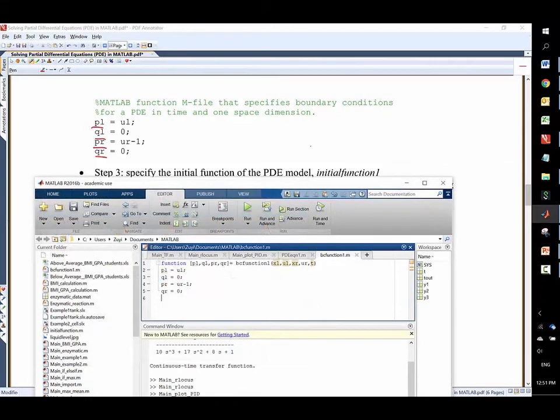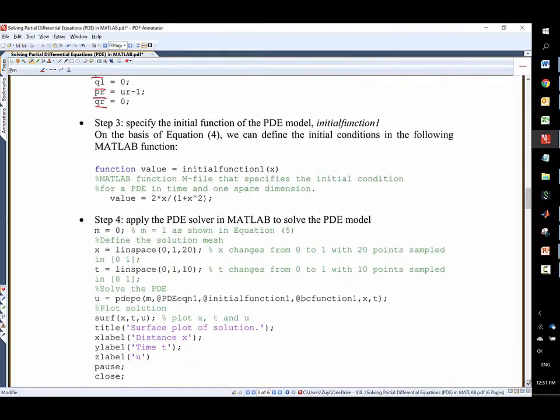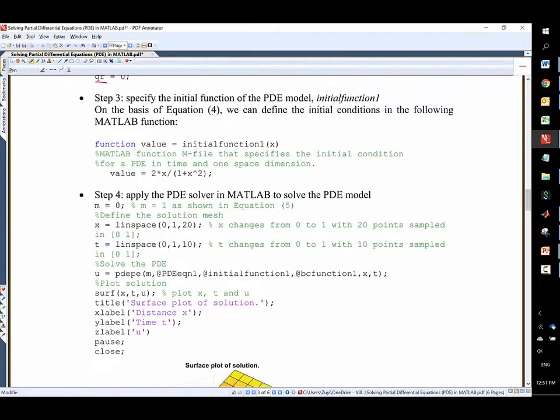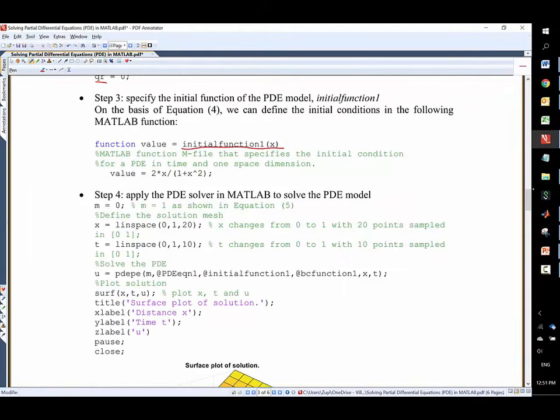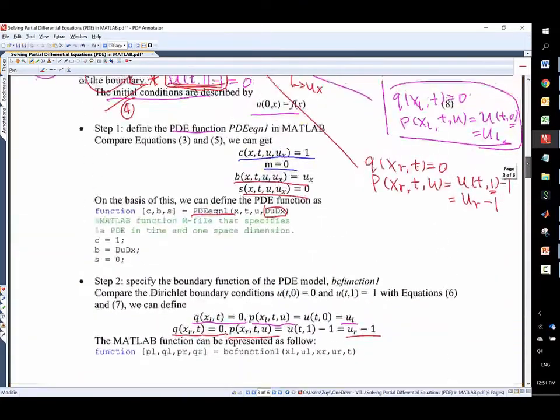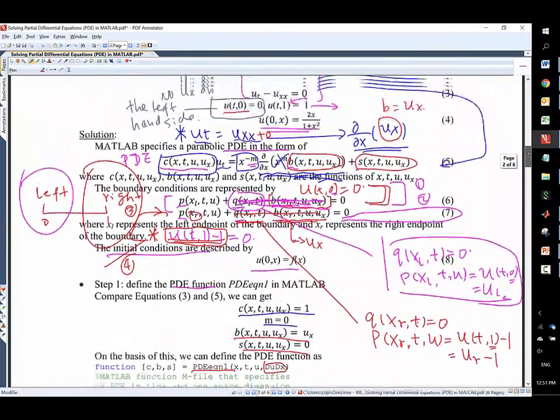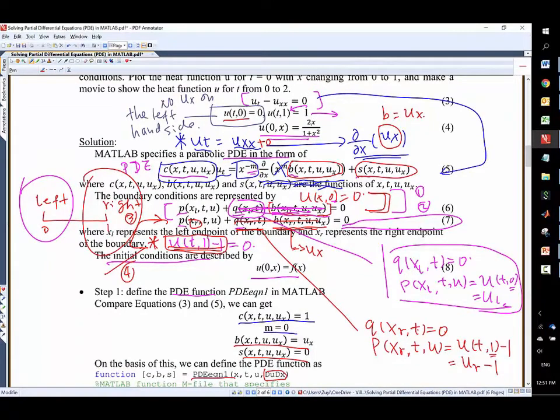Okay, so the last one, before we run the simulation, is we need to set up the initial condition. This one actually is the easiest one. Remember the initial condition is here, u0 at time 0, this is the output. It's 2x over 1 plus x squared.